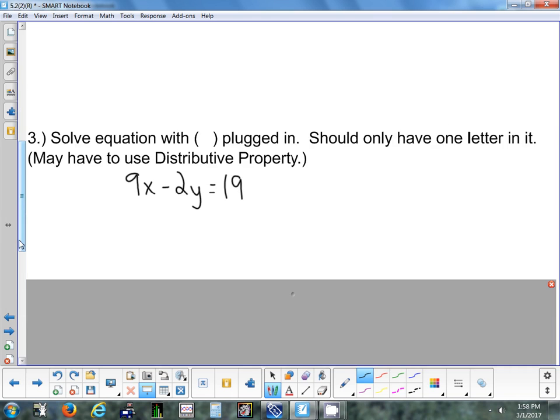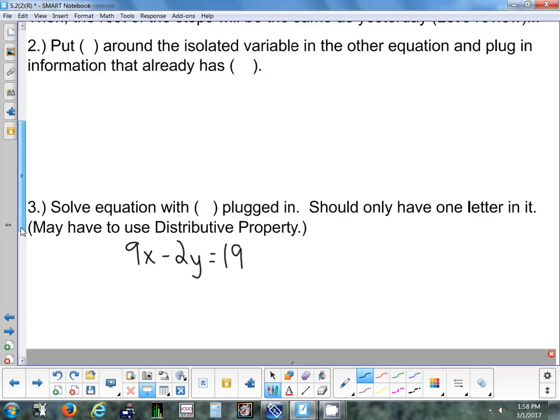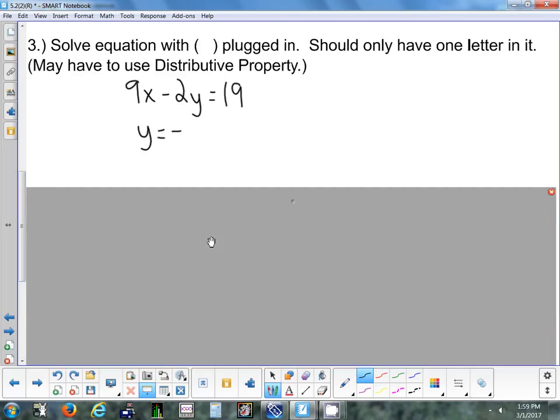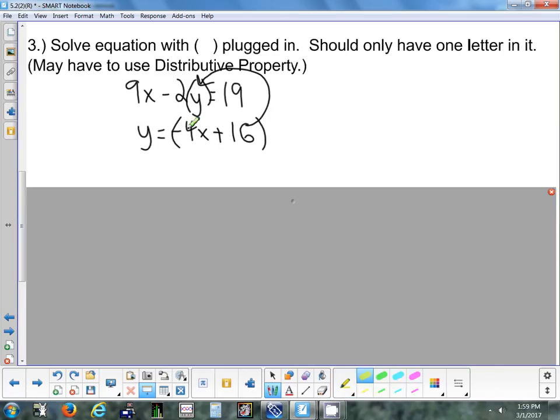And the other one was what? y equals negative 4x plus 16. And we already did all this. Mr. Hager already drew our line. He did that. All right?